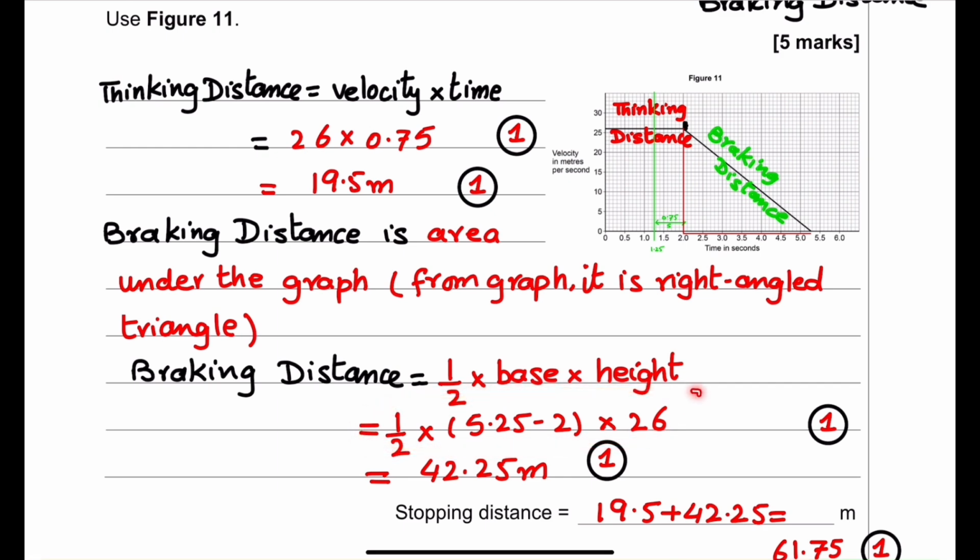By substituting the values in the equation, we can get the answer. The braking distance is 42.25 meters. Whereas the stopping distance is the sum of the braking distance and the thinking distance. If we add them together, we get the answer, 61.75 meters.